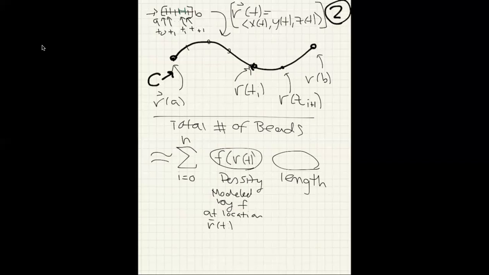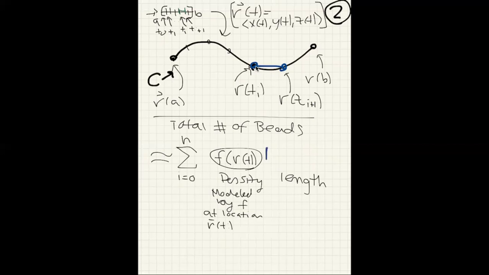I promise if this is a little abstract, or there are too many formulas on the board, by the end of the class, after enough examples, you'll see what everything is. Okay. And the length, I have to multiply by this length right here. I'm going to erase this little curve because I don't like drawing in the lines. I can describe that as the length of a displacement vector.